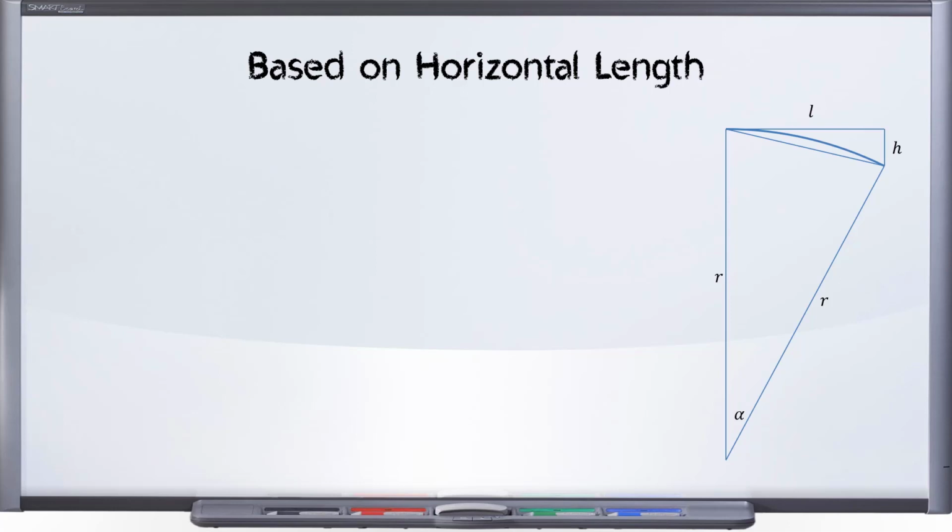And he derives it from this version here where we are given L, the length across the top, as opposed to the one that I did where we were given the arc length. So let's derive that now, and he derives it in a slightly different way than what I did. So I will follow along right here with his method, and I will therefore get the exact same result that he got, and then we'll come back and compare.